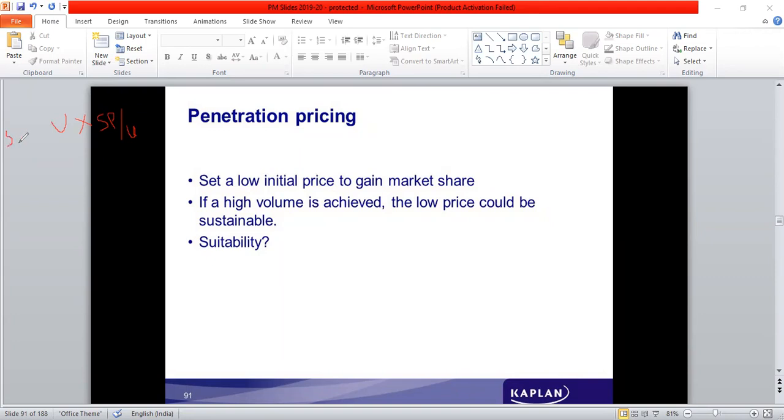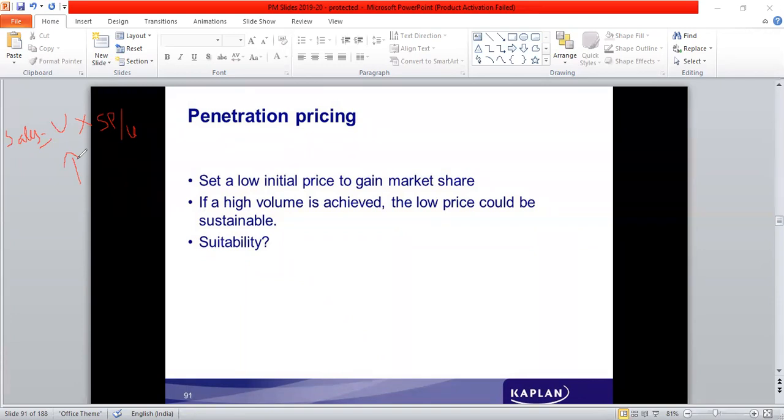So sales is equal to selling price per unit into the number of units. By having a low selling price, they would be able to capture the market and increase their number of units. So that's the concept. If a high volume is achieved, the low price could be sustainable, and it is suitable only in certain types of products again.